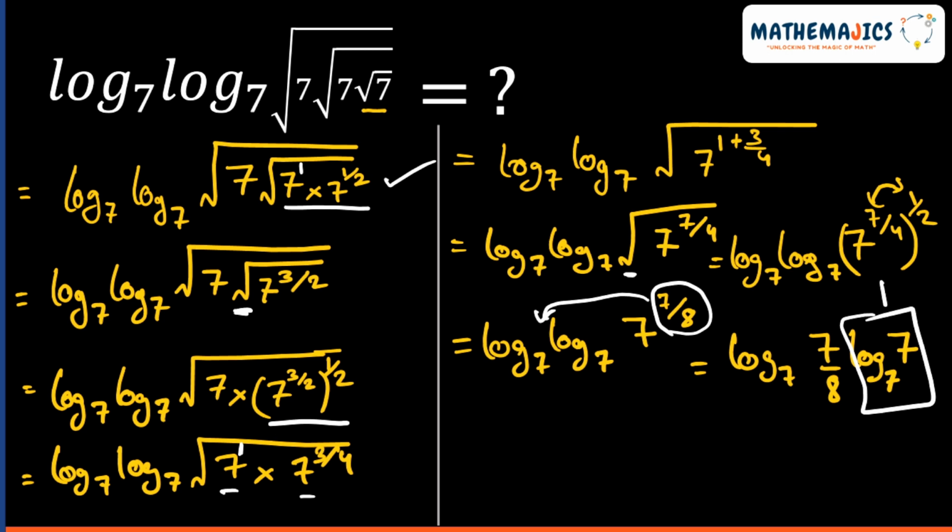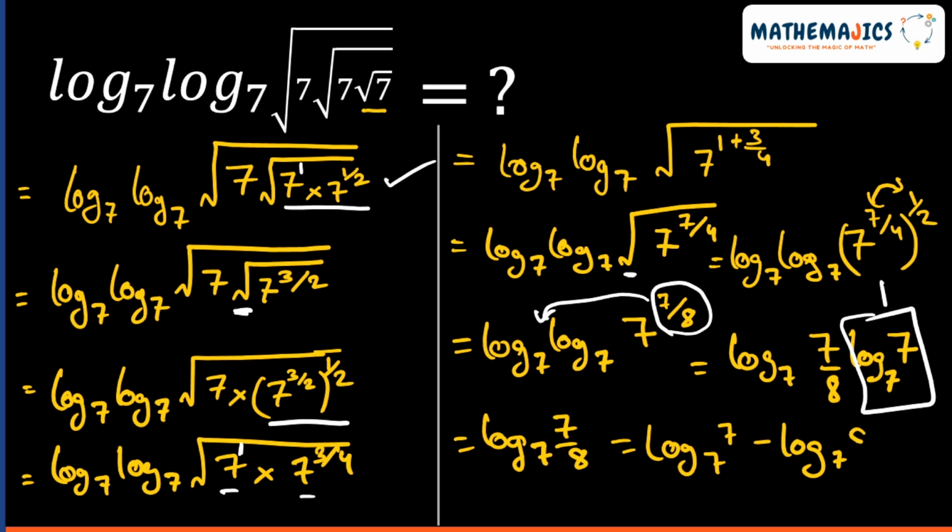Correct? So let's write it down. We will get log 7 of 7 by 8. As this is 1, there is no need to write it. Correct. Now, we can further simplify this. We can rewrite it as log base 7 of 7 minus log base 7 of 8.